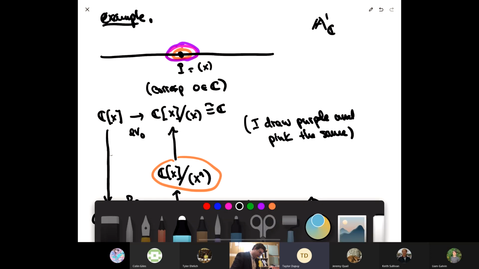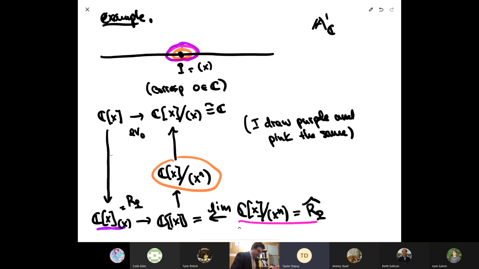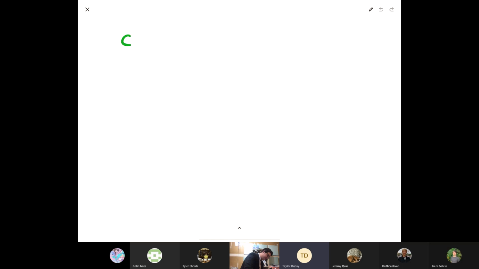That's a good question. So this is the limit in the category of rings, right? So we have C[x] mod x squared, C[x] mod x cubed, and then we go like this.